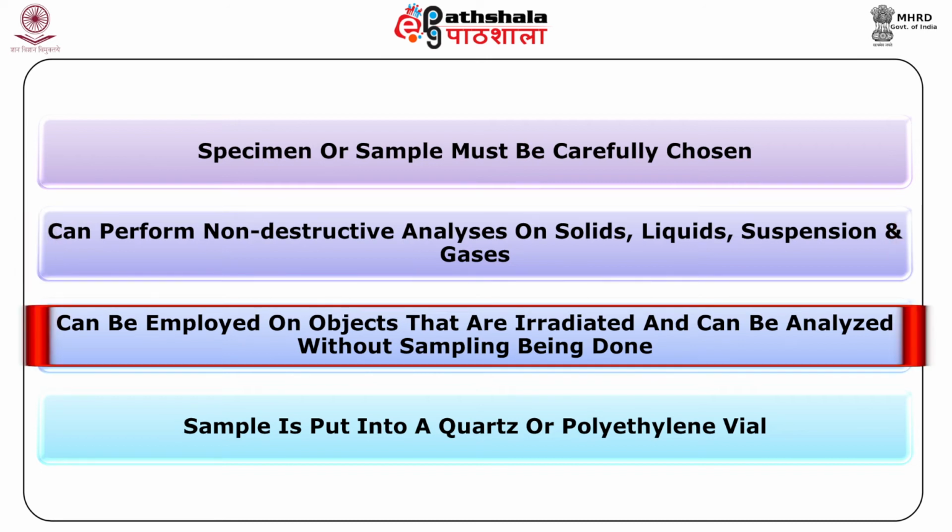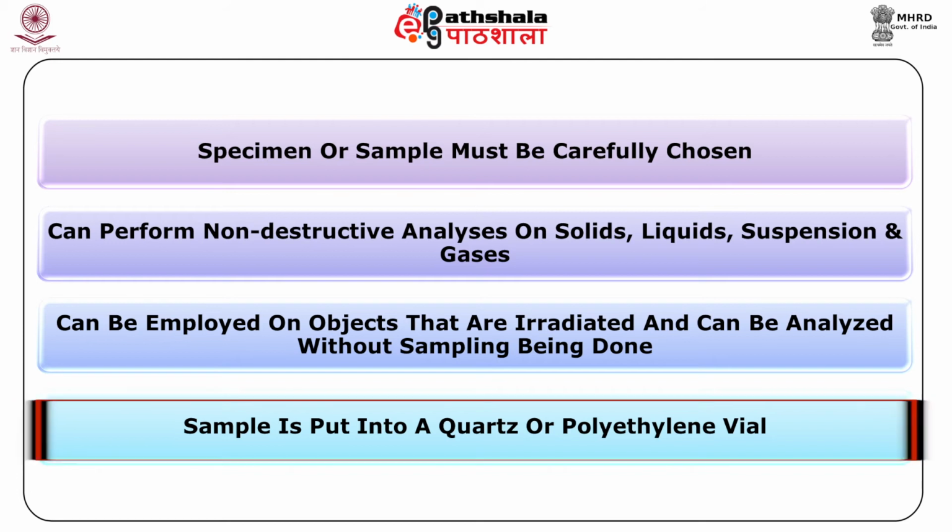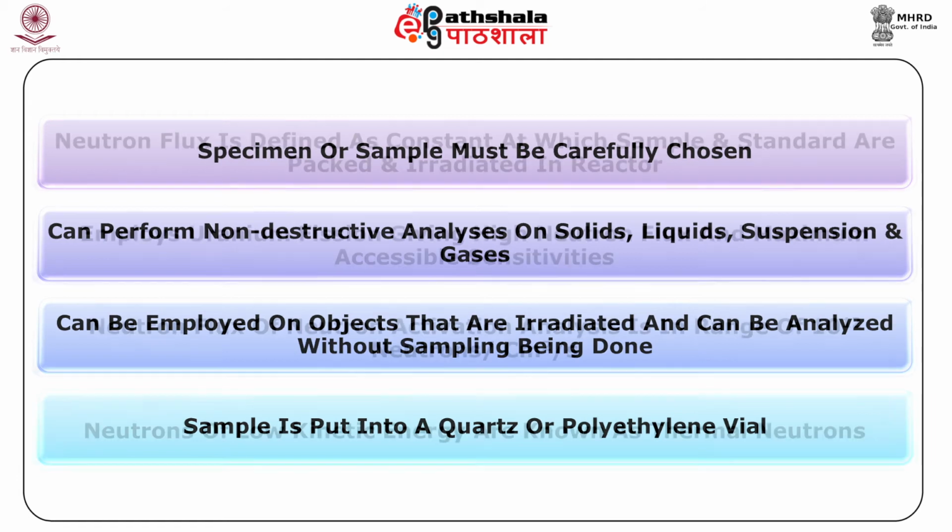Also, this procedure can be employed on objects that are irradiated and can be analyzed without sampling being done. About 50 milligrams is a sufficient sample. The sample is put into a quartz or polyethylene vial.